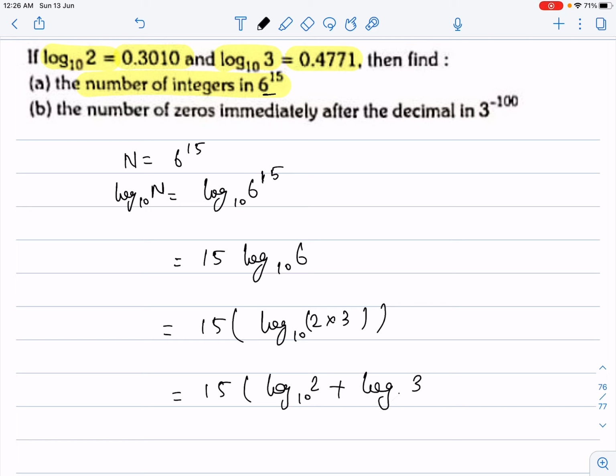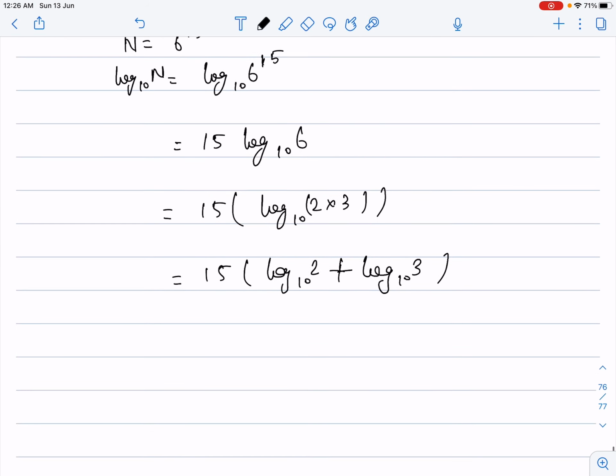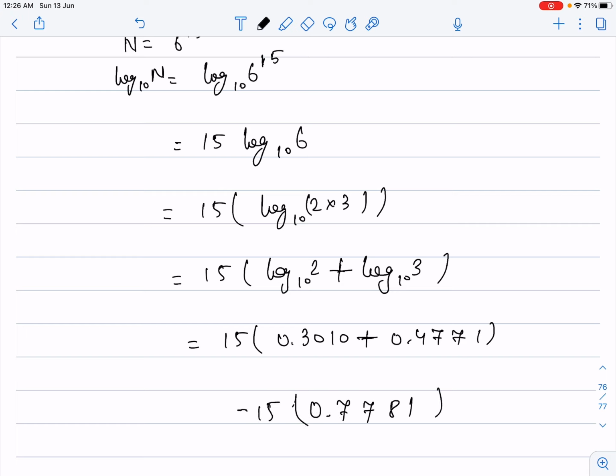Log of 2 base 10 is what we are knowing, 0.3010. And log of 3 base 10 is 0.4771. 0.7781 multiplied by 15 it will be becoming.